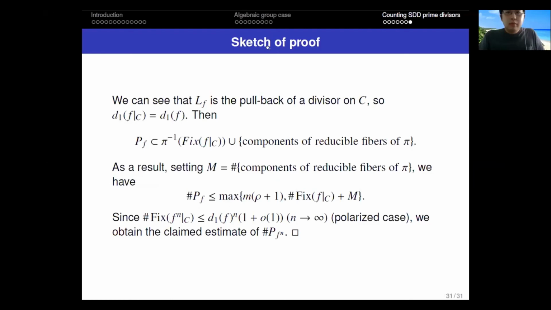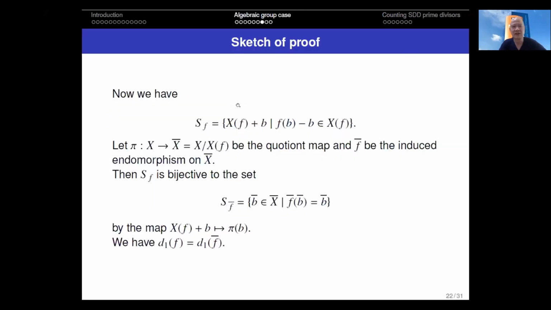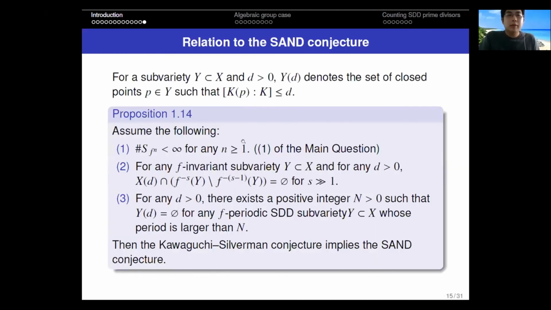Oh, there's one. There's one by Xingming. He's asking, can SAND imply the STD problem? Yes, the introduction is a projective proposition.